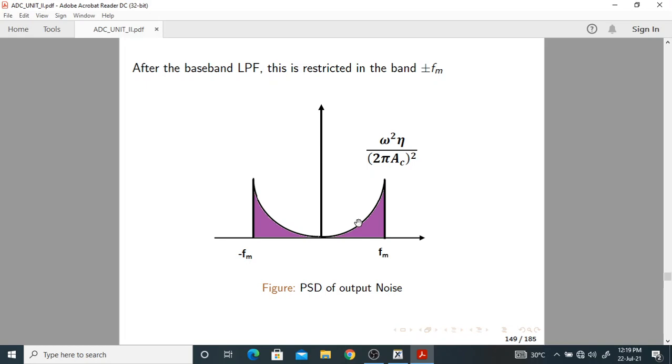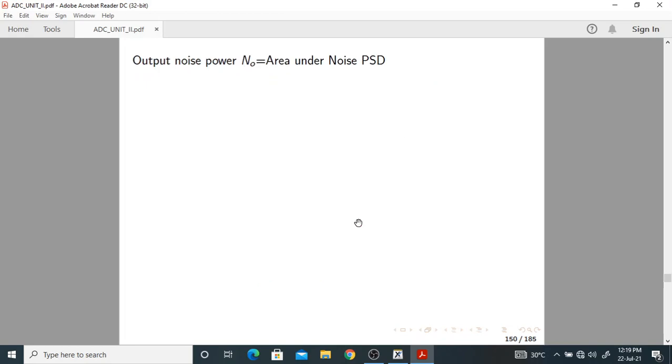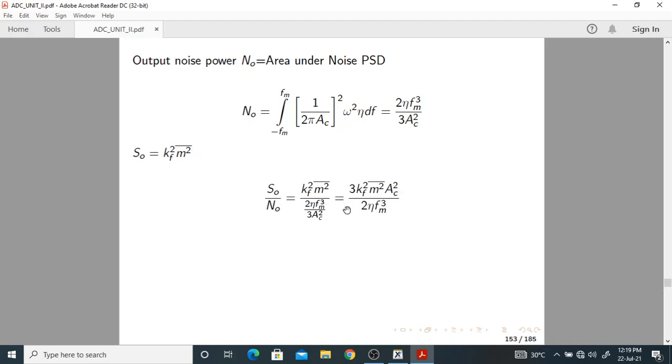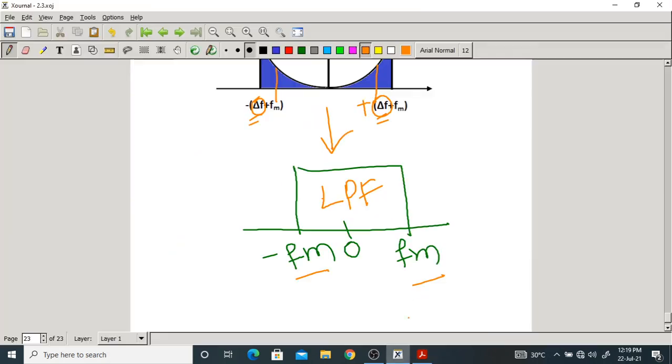Output noise power is the area under the noise PSD. This is the area. This is N naught. This is S naught. This is S naught by N naught. I am not doing all calculations; you take a piece of paper and do all calculations. Obviously, we always mention S naught by N naught in terms of gamma.